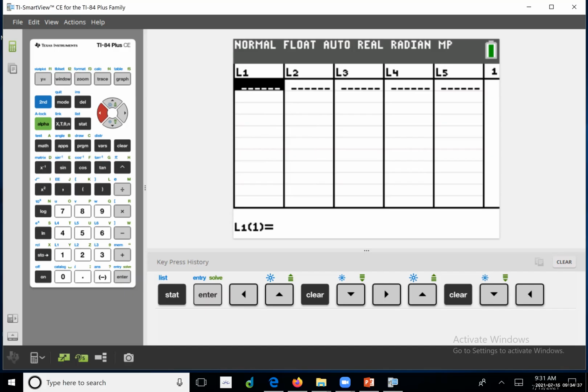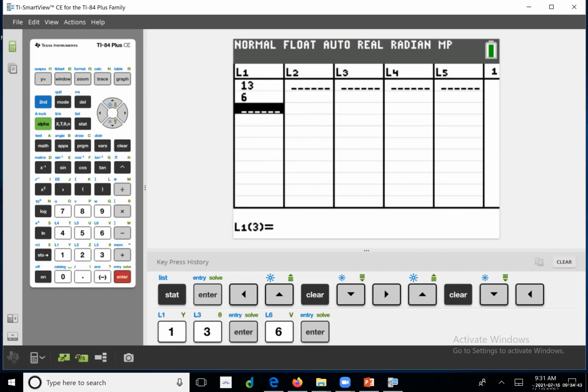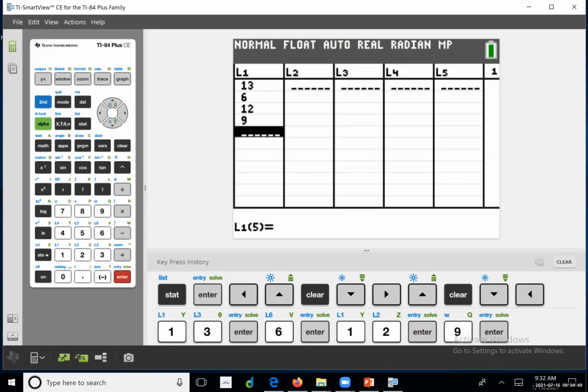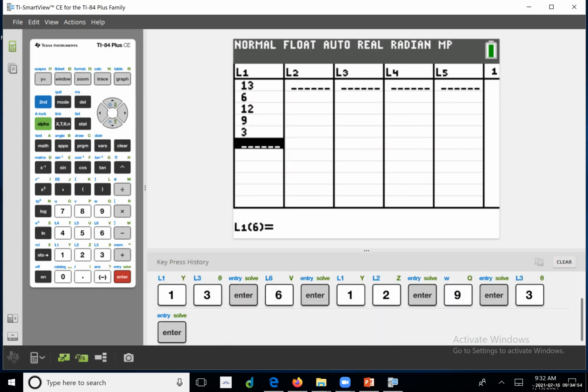So in L1, put observed 13, 6, 12, 9, 3, 2. You were rolling it 45 times and observed these. If you add these up, you're going to get 45. You were expecting to see 7.5 times 1, but you saw it 13 times. At the end of the day, you want to know if this die is fair.